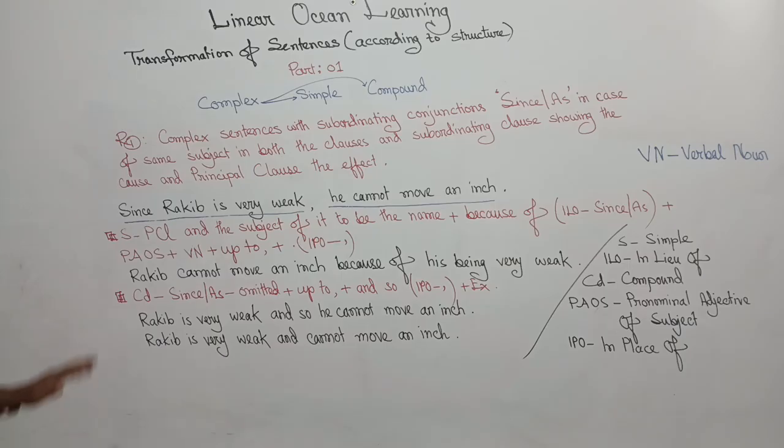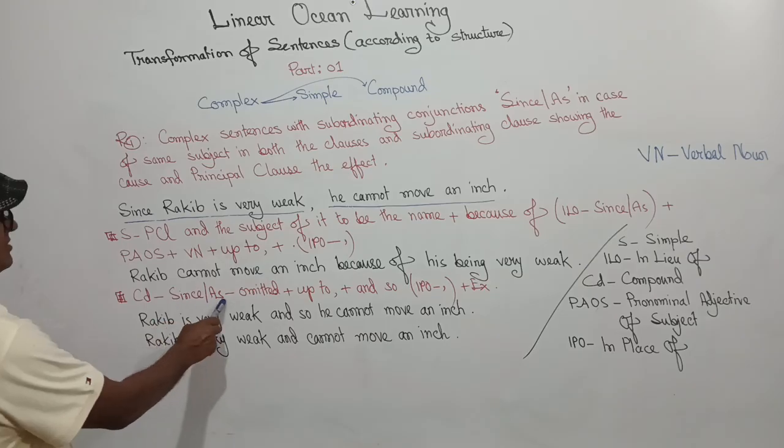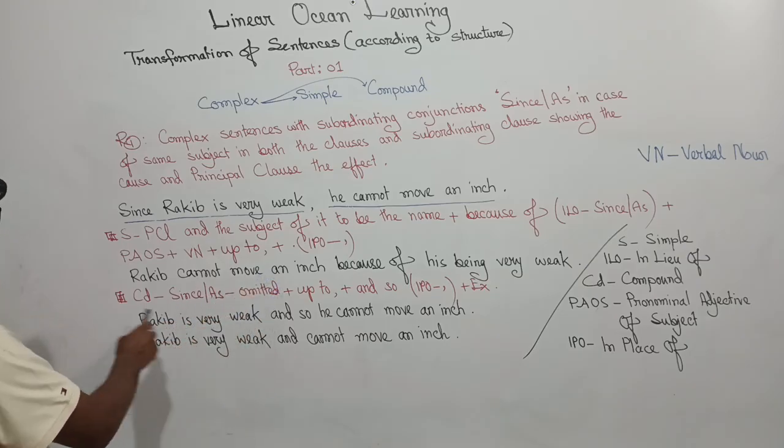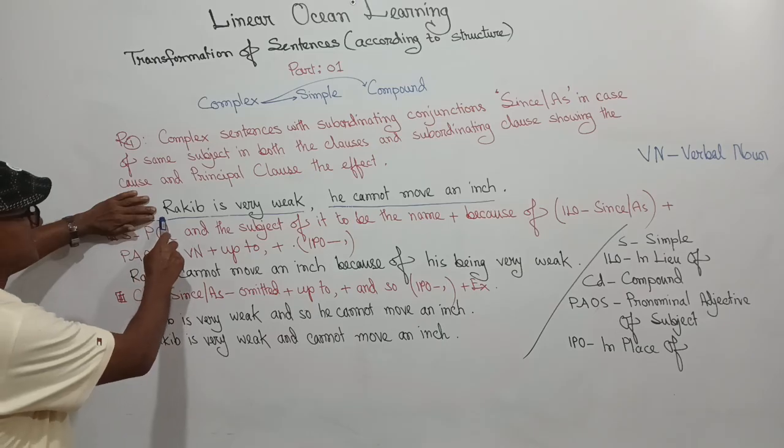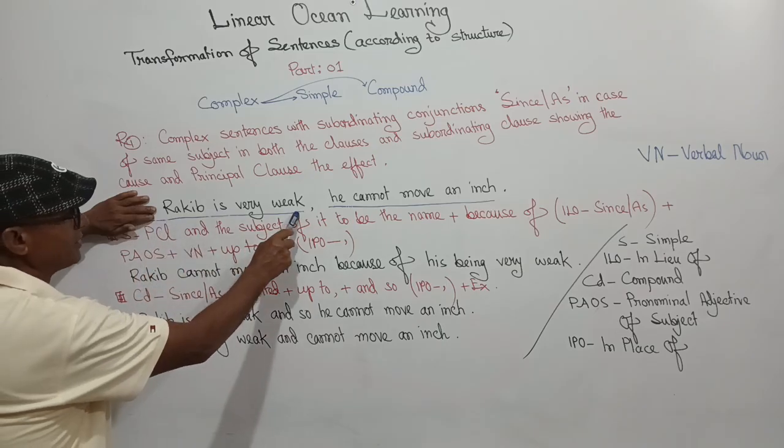Now, if we want to make it a compound sentence from this complex one, we have to follow this structure. Since or as is omitted, that is erased, there will be no since or as. If we just erase since, then what is remaining? Rakib is very weak.